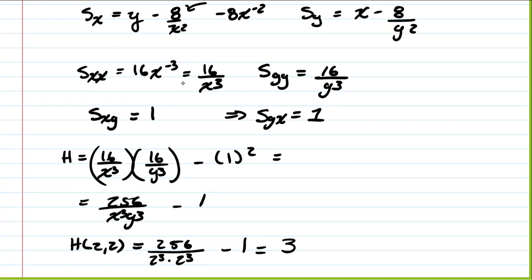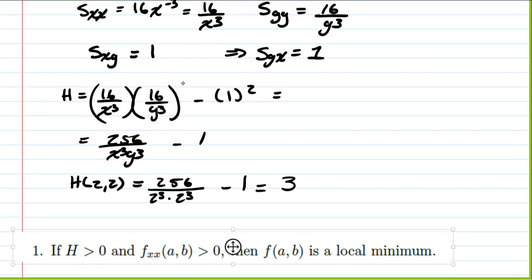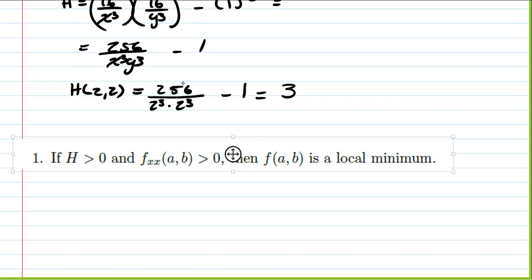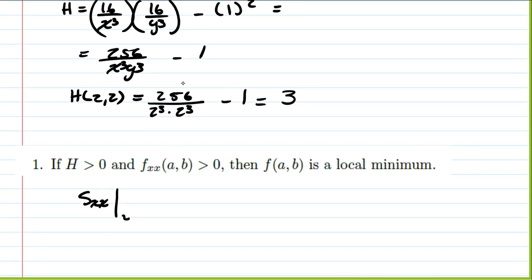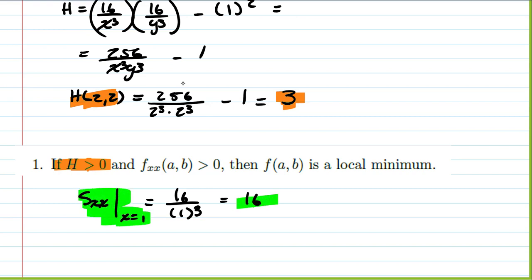F sub xx is 16 over x cubed. So s sub xx evaluated at x equals 2 is going to be 16 over 2 cubed. So our h is positive, which we had here, and our f sub xx is also positive, which we found here.